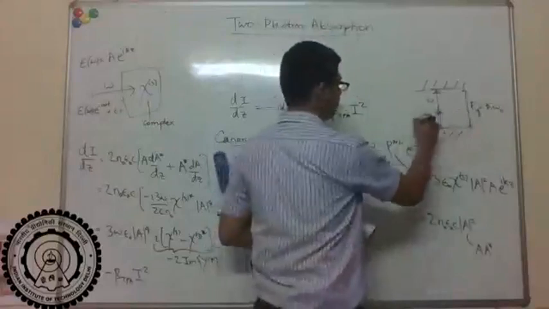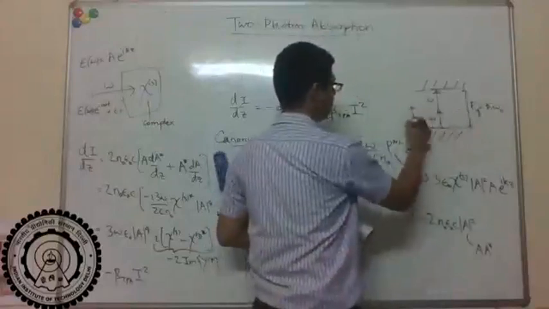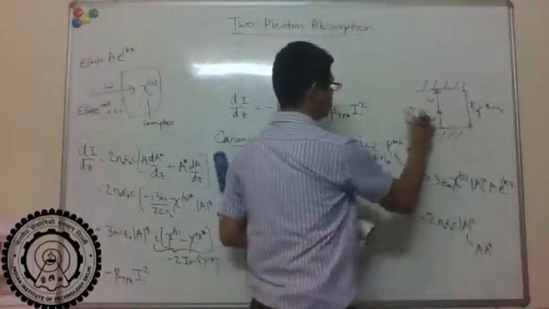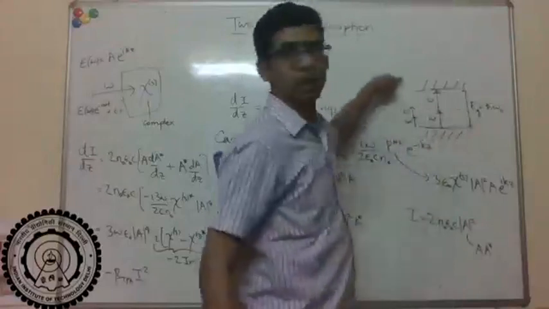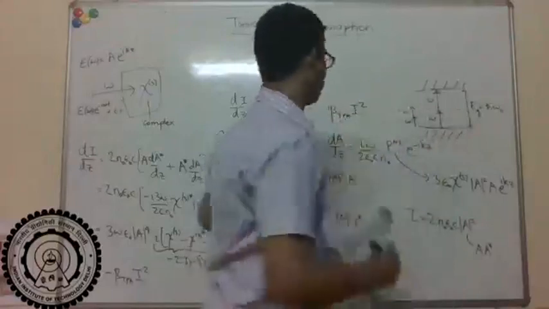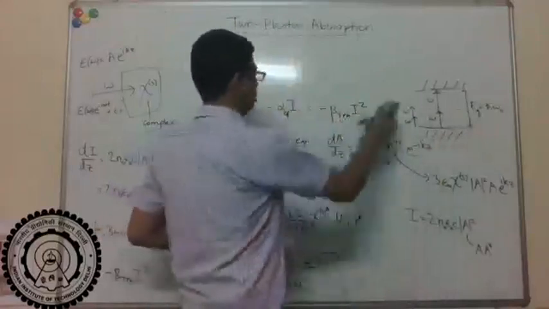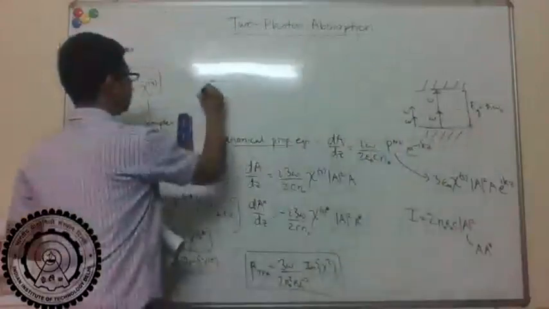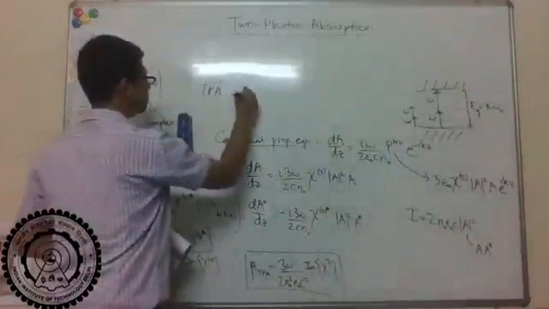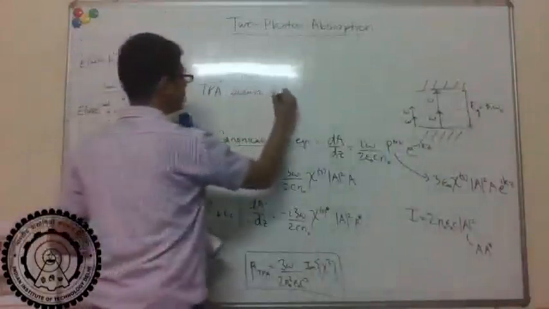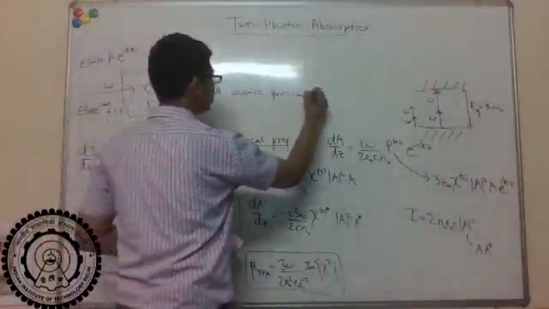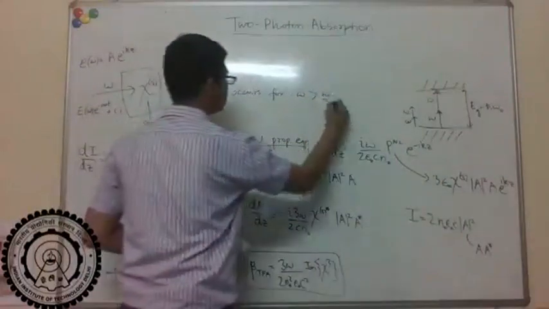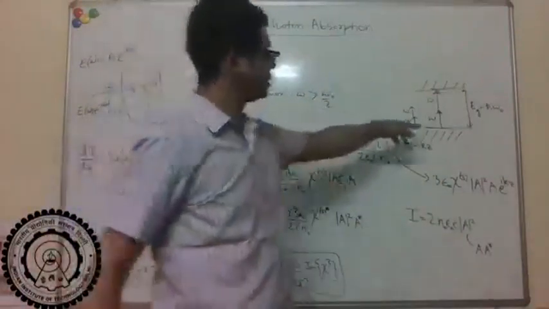So if, for example, omega is smaller, you just don't have enough energy to cross the band gap, right? So basically TPA only occurs for frequencies which are more than half the resonance or band gap frequency.